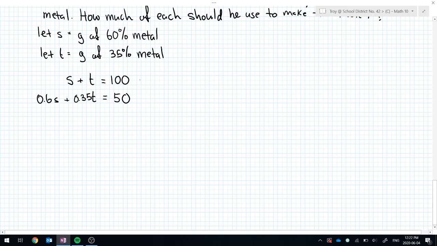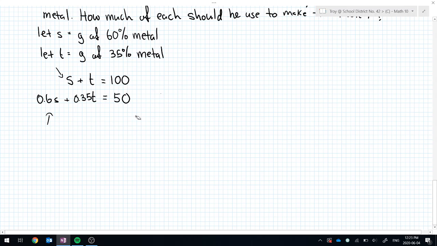So what I'm going to do is I'm going to take the first equation here, and I'm just going to pick something to eliminate. I'll just eliminate the S. So if I have a 0.6 here and a 1S here, I can just multiply this equation by 0.6.